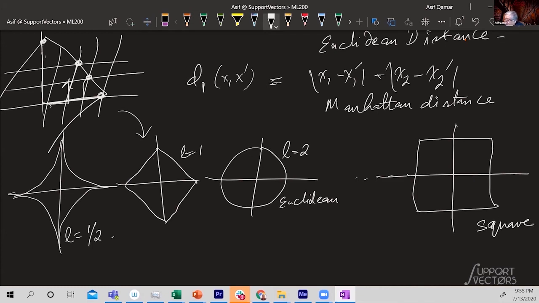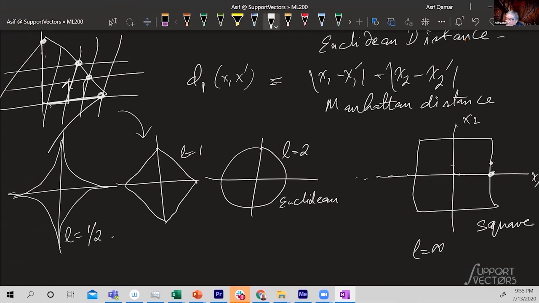How does it become a square? Think about this point. When you are here, the distance is of course equal to here. What about here? You will realize after some time that this point is at unit distance, because the L equal to infinity just looks at the bigger of the two distances.